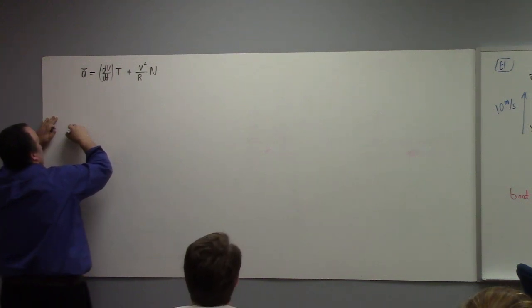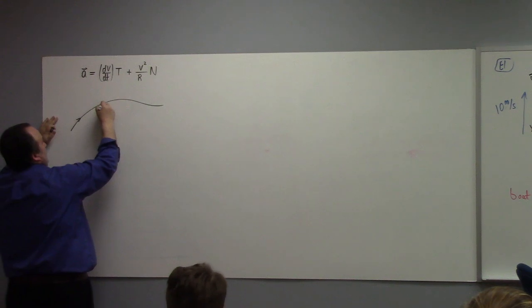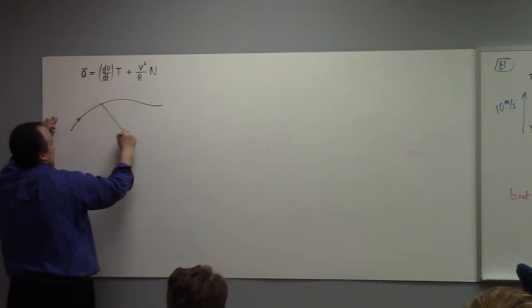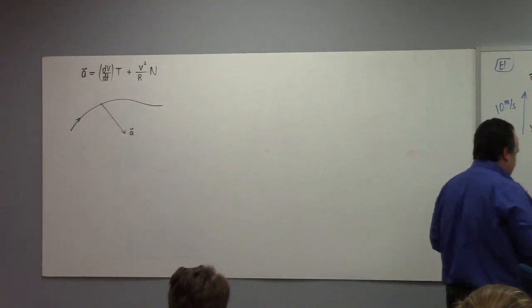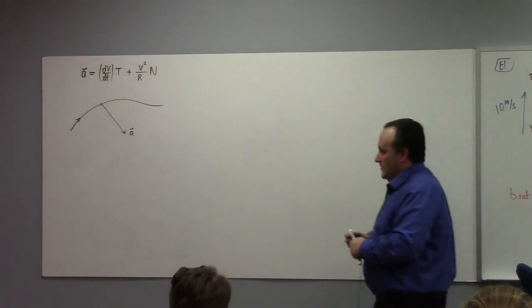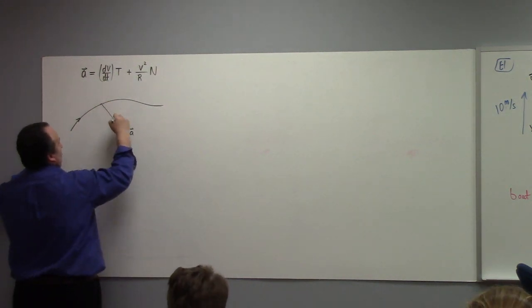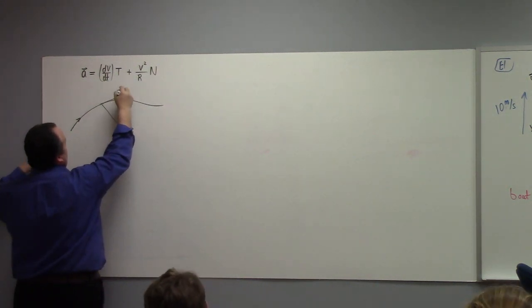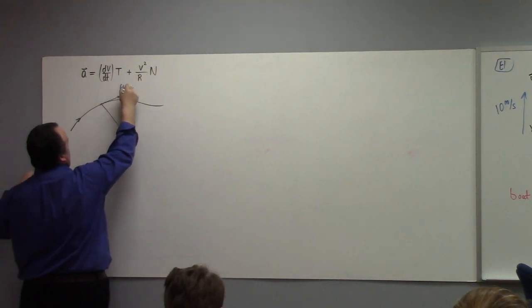So if the trajectory was something like this, the acceleration can be broken into two pieces. There's the tangential part and there's the center seeking part. The tangential part points in the tangential direction, like this. This would be dv/dt times the unit tangent.